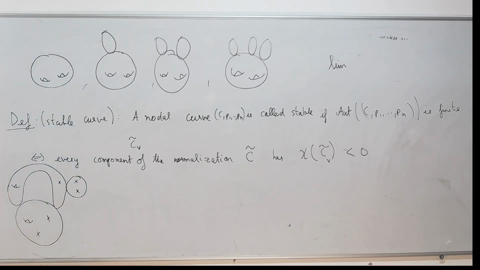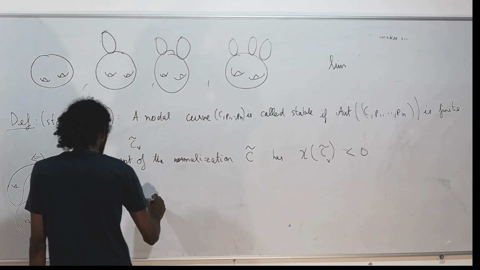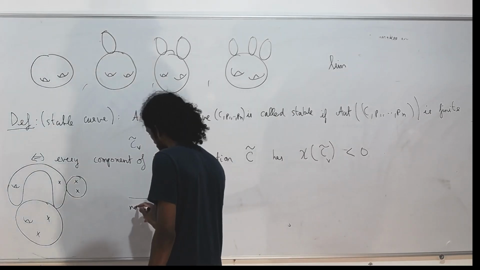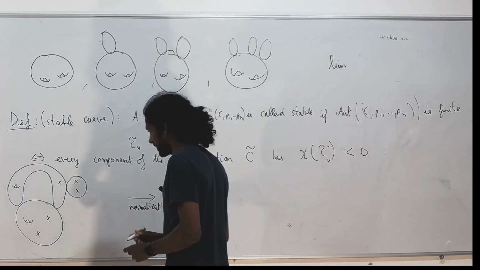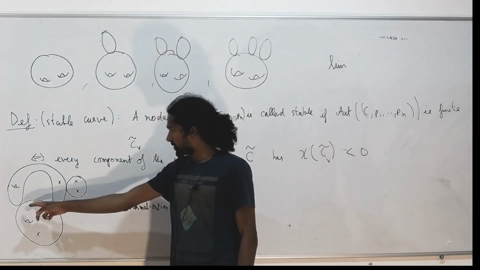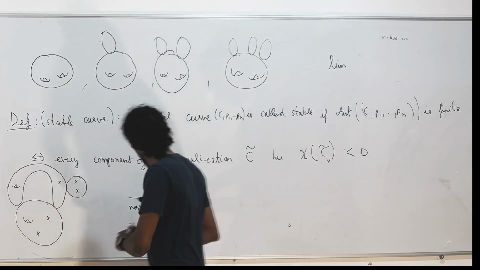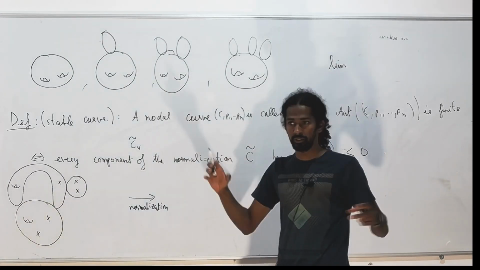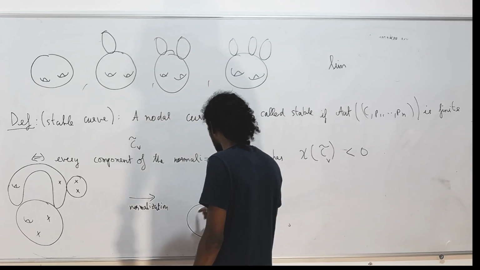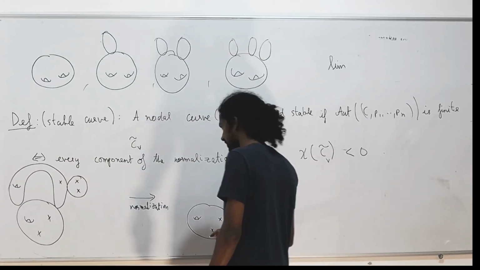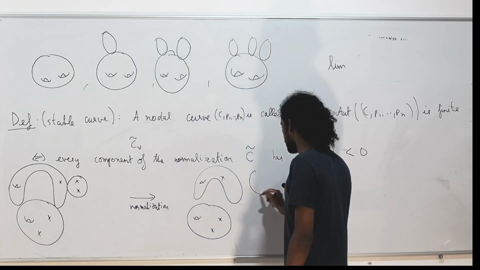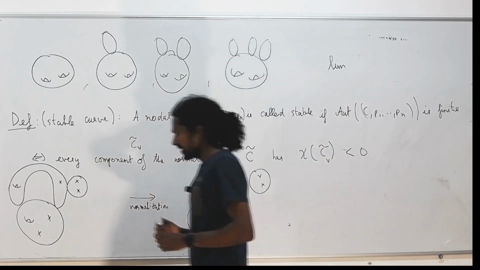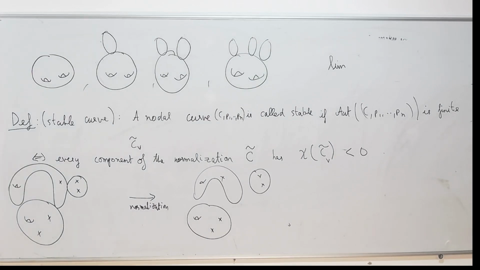This one's stable. And what is a normalization? The one thing you have to remember when making the normalization is that you should still think of the nodes as marked points. So basically I just detach all these things, but I still have to remember my nodes.